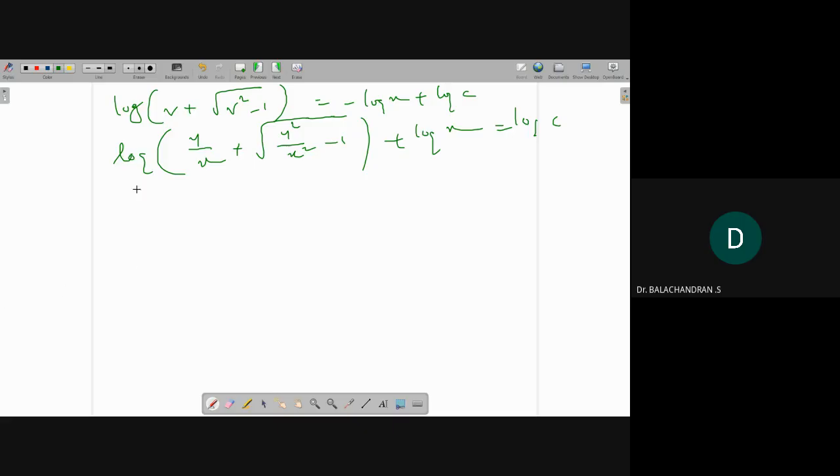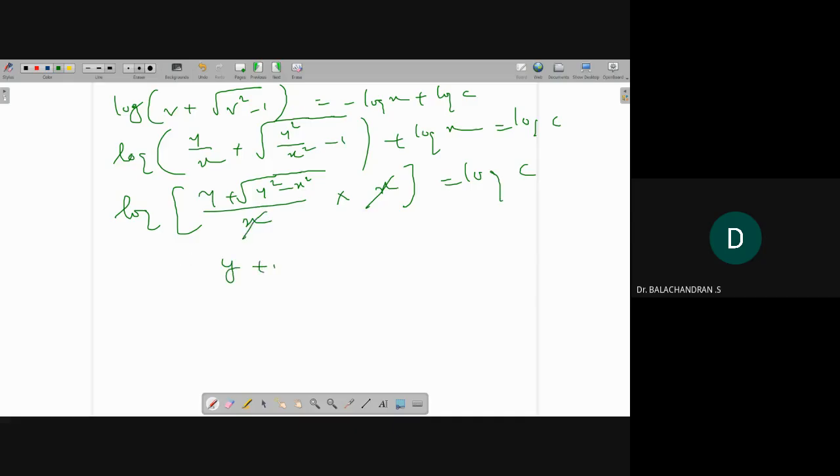So log of y plus root of y square minus x square divided by x into this x equal to log c. So x gets cancelled. So y plus root of y square minus x square equal to c, or minus c equal to 0.